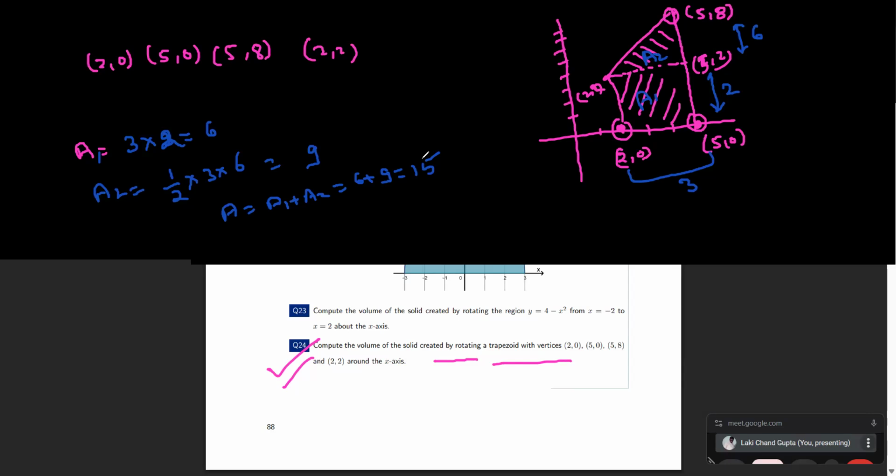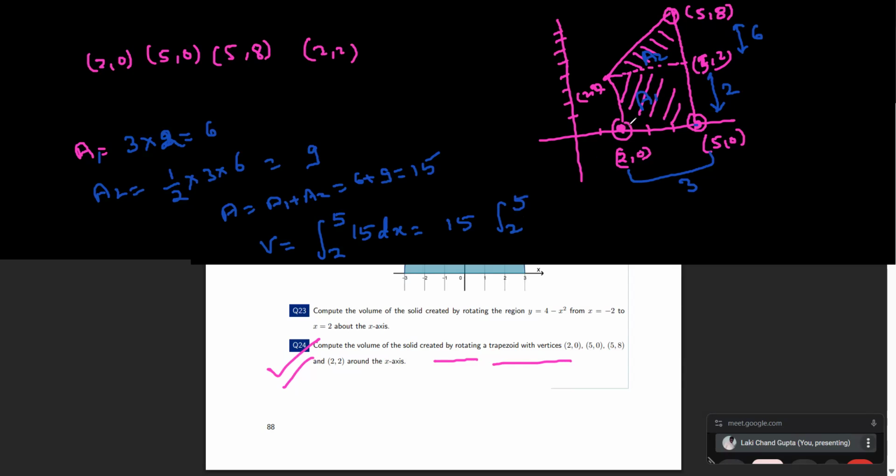Now when you rotate this, suppose you are rotating like this. So volume is what? Integral from 2 to 5 of 15 dx. Why 2 to 5?